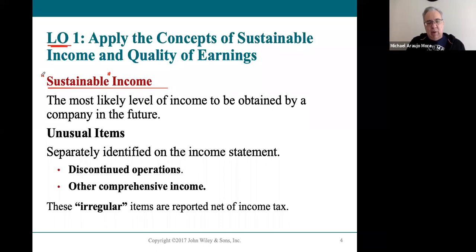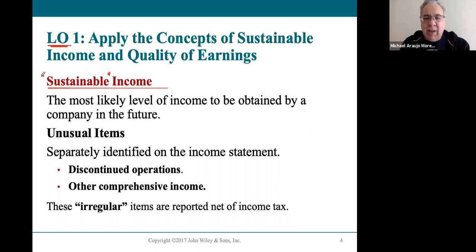Sustainability is really what is able to be done on a regular basis that can be sustained over a long period of time, right? So for our discussion today, we're going to be looking at how much of our profit is really sustainable. Sustainable income is looking at the level of profits that are able to be sustained over time.